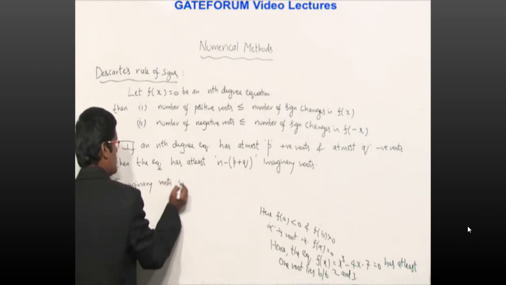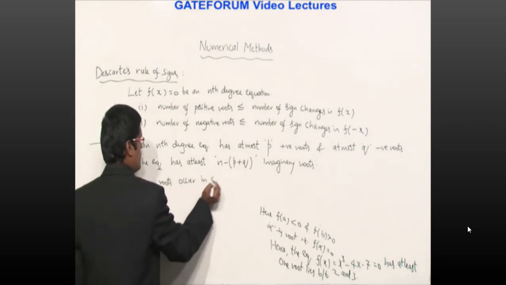Imaginary roots occur in conjugate pairs.